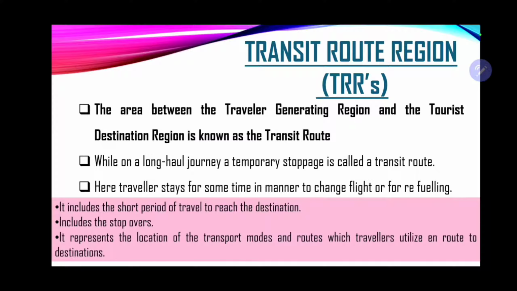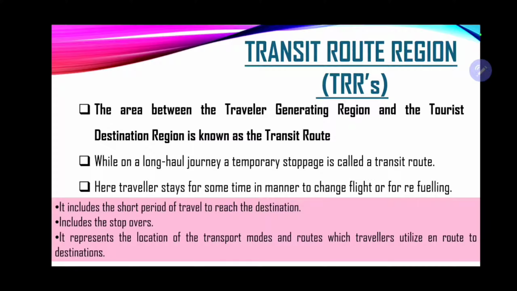So, for example, say you're an international tourist and you're traveling out of your usual geographical area. You may be traveling from the Caribbean to, say, for instance, someplace in Europe, right? Now, wherever you stop to connect your flight, the middle station, it is considered as the transit route region.